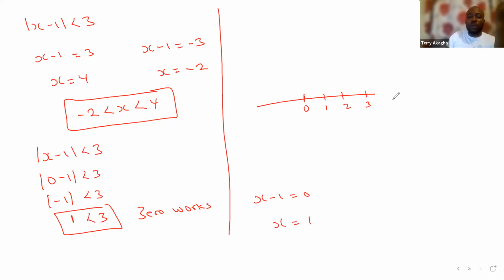And we have up to, the answers we had was 4, up to 4. So it's going to be 3 all the way to 4. Then we have -1, -2. The point of intersection is 1.